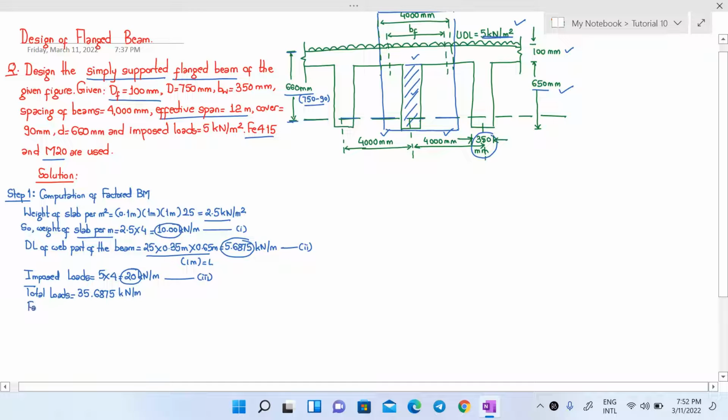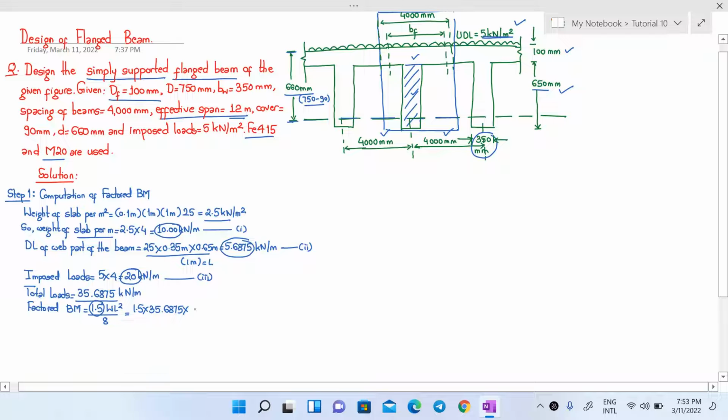Now after calculating the total load, you can calculate the factored bending moment as 1.5 WL square over 8. 1.5 because we are converting our load here into factored load first. So 1.5 into 35.6875 into the length of our beam, which is now 12 meter.